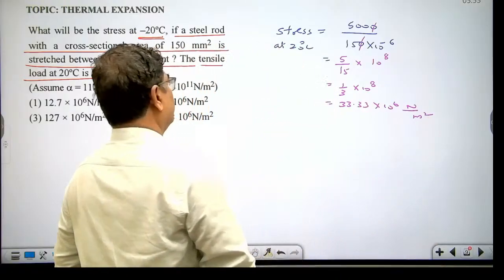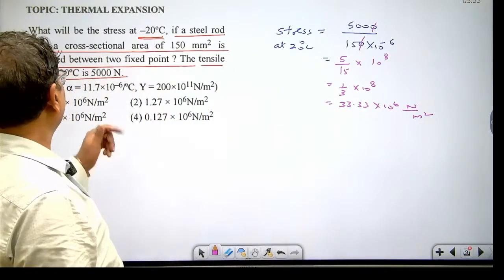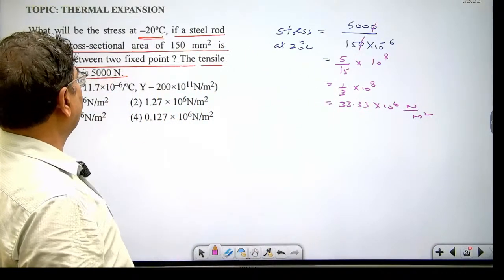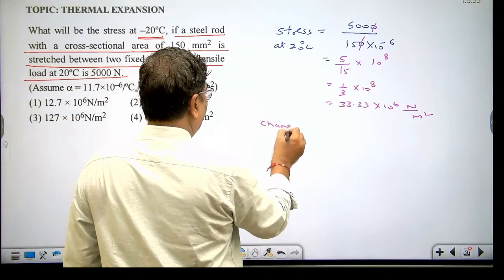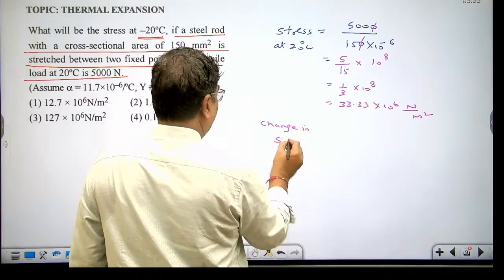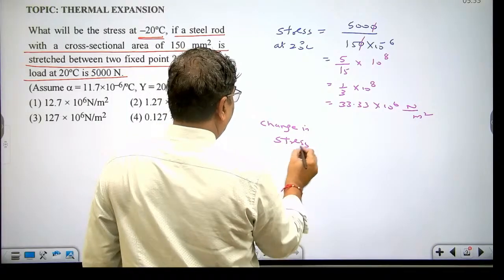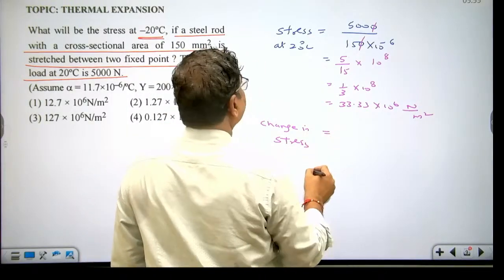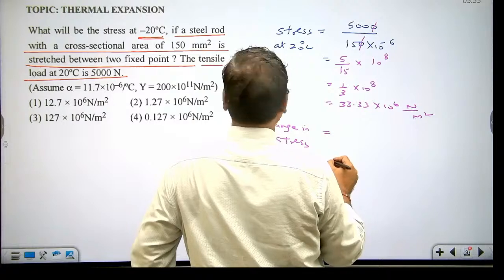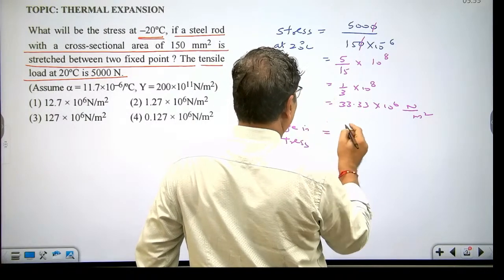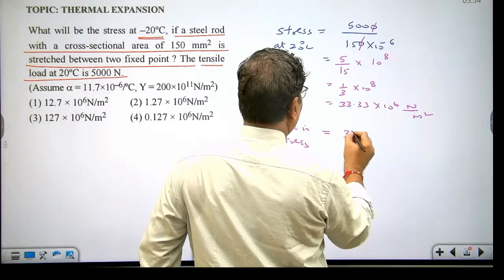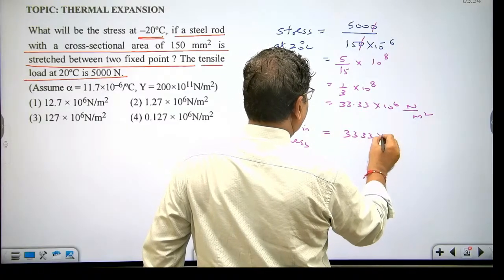This is the stress at 20 degrees centigrade. Due to decrease in temperature, stresses will come into picture. So change in stress will be equal to 33.33 into 10 power 6.